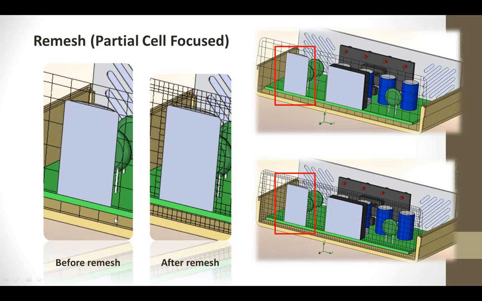For the normal one, there is no enhancement. All the cells are normal and even. But after the enhancement, after the partial cell focus, you see that all the cells at the partial area have become smaller. The cubes here have become smaller.